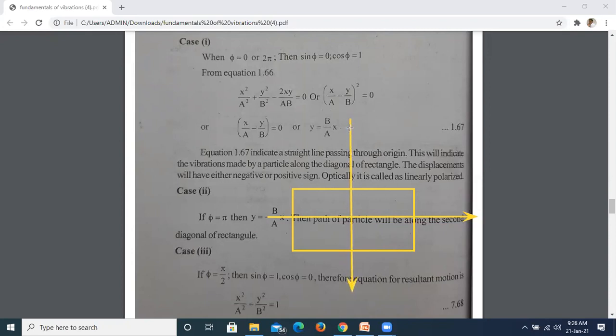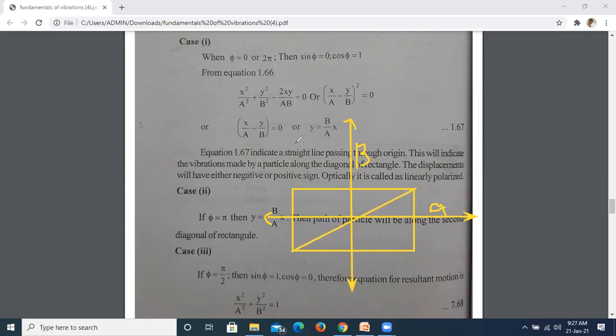Along the x-axis, the amplitude is capital A. Along the y-axis, the amplitude is capital B. For phi equal to 0 or 2 pi, the resultant motion is along one diagonal of this rectangle.